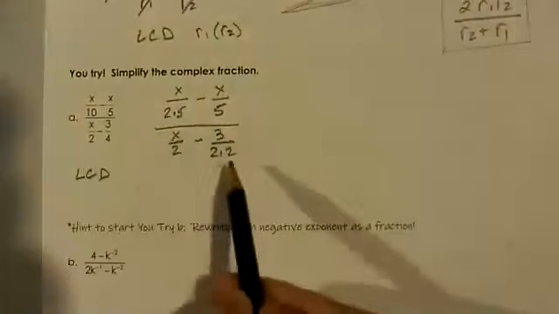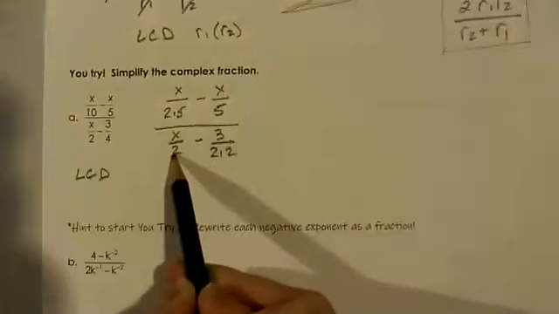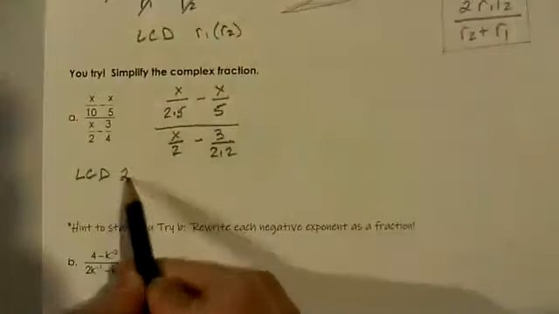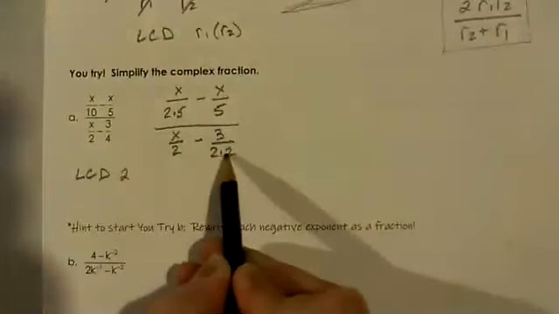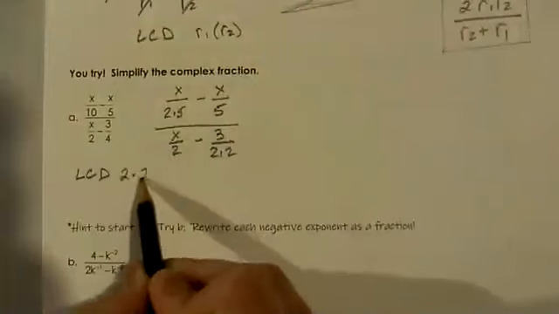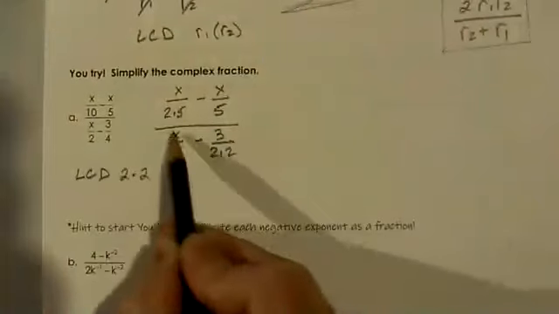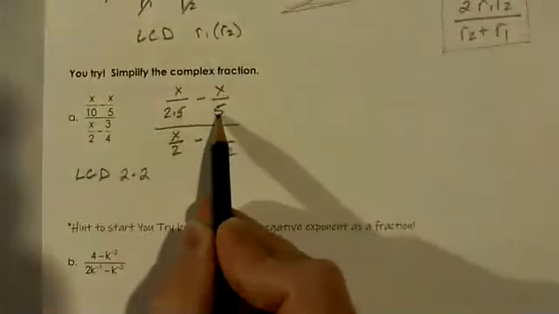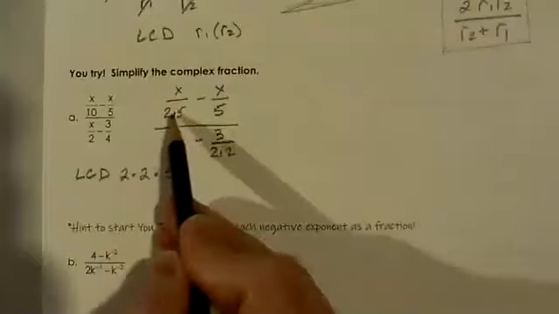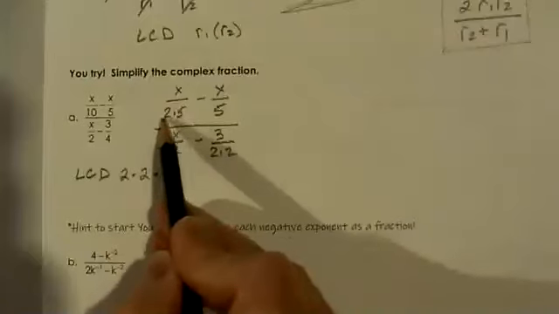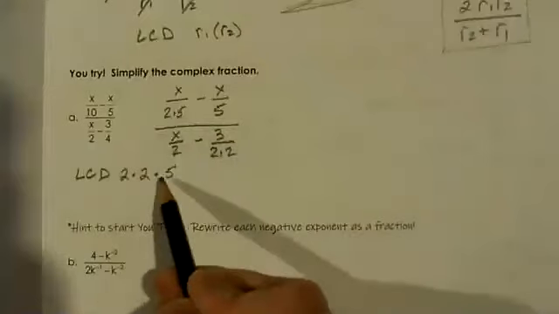So to figure out your LCD, you could say I need a 2. I need another 2 because this one needs 2 2s. I need a 5. And this one has a 2, which we've already pulled out, and we've already pulled out a 5.